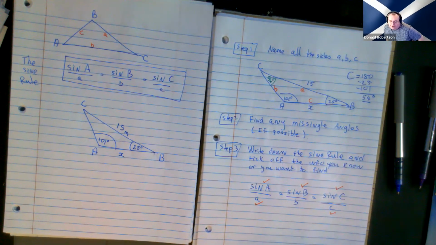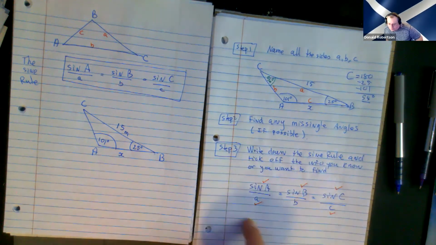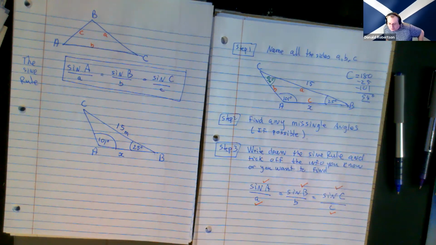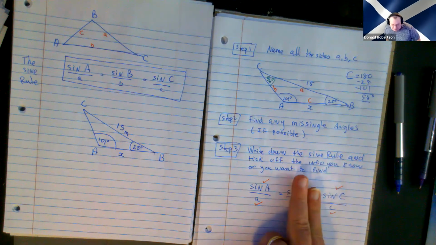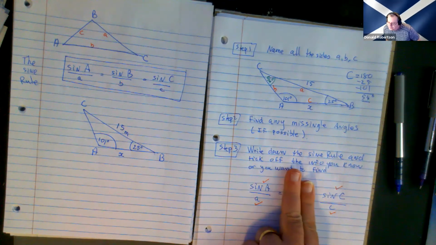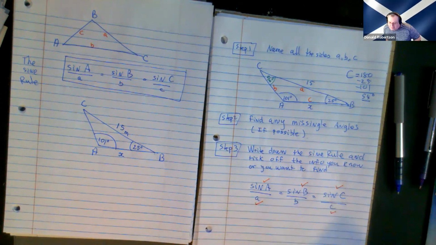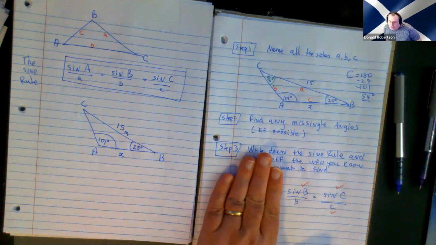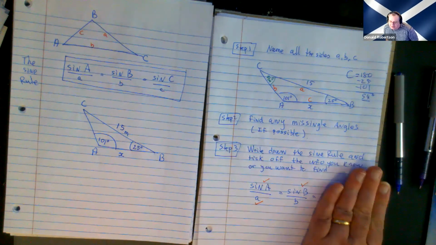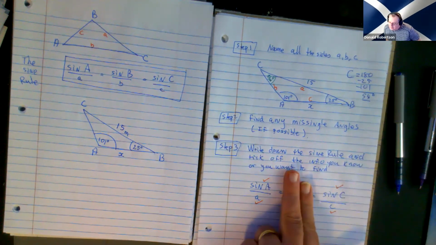When you do the sine rule, this is typically what you're going to see. You're going to see 2 pairs where everything is checked off. You see that one in the middle? Ignore it. At any given moment in time, you only use 2 out of the 3. Does that make sense?